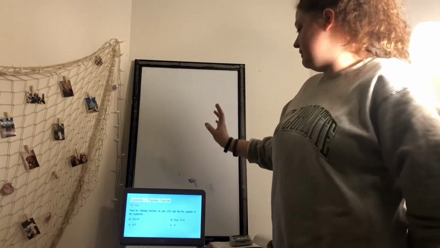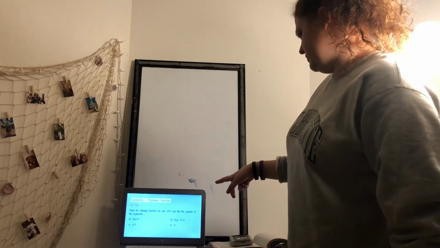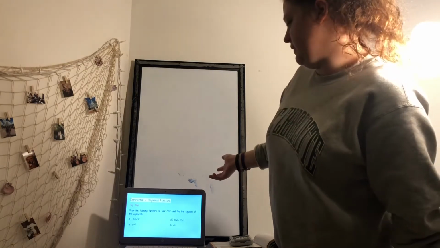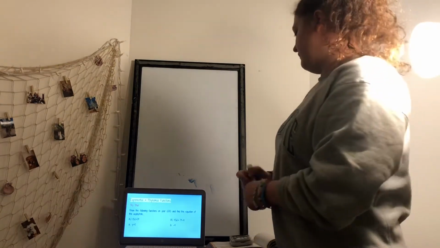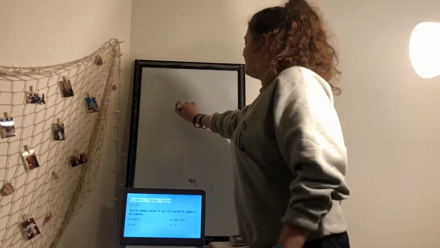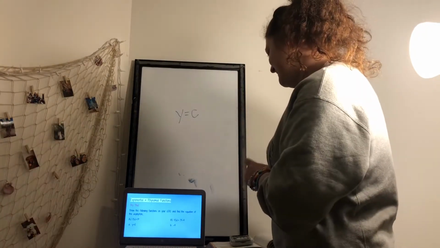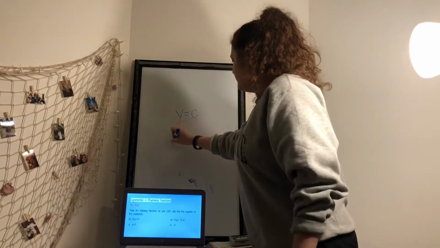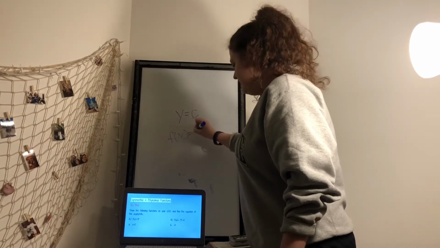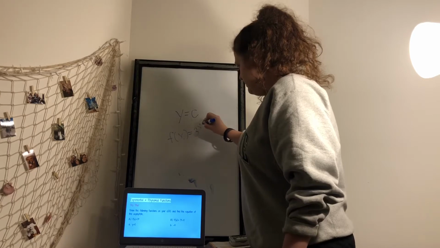So this is an example. It says draw the following functions on your graphing calculator and find the equation of the asymptote. So if the equation of an asymptote is y equals c, then for a, the equation given to us is f of x equals 3 to the x.